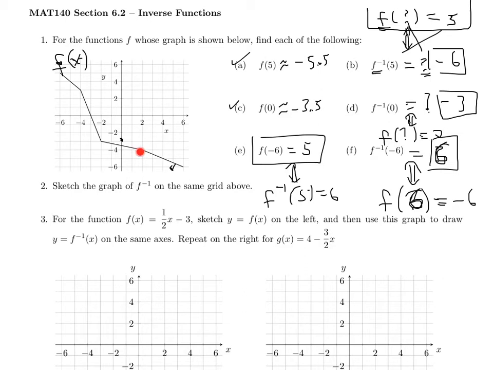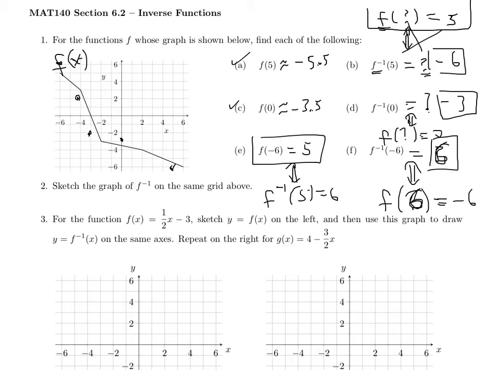So for example, the F graph has this point on it, point 2, -4. So -4, 2 is going to be on the F inverse graph. Let's see what else. This point is at -2, -3. And so at -3, -2, I will have the mirror image of that point.